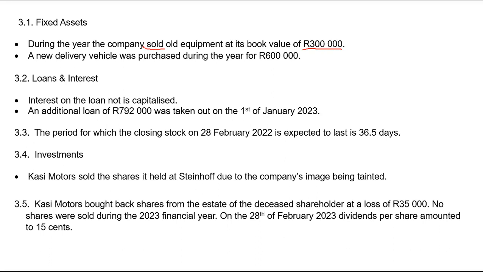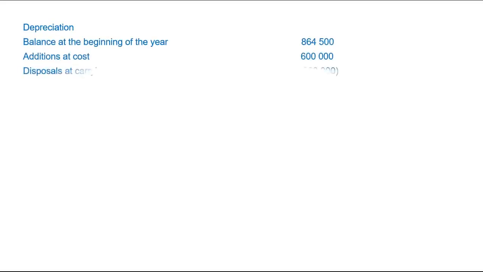So that 600,000, I'll also put it under investing activities in brackets because it's an outflow, we purchased, and that's what we paid for those vehicles. Besides me putting them on the face of your cash flow statement, those two amounts can actually help me calculate my depreciation. So I've got balance at the beginning of the year, and then I've got additions at cost, I've got disposals at carrying value.